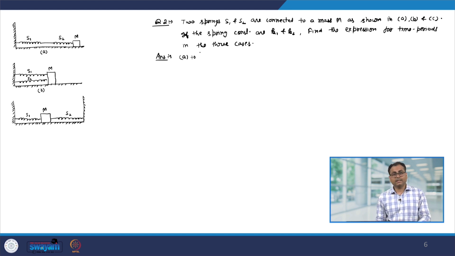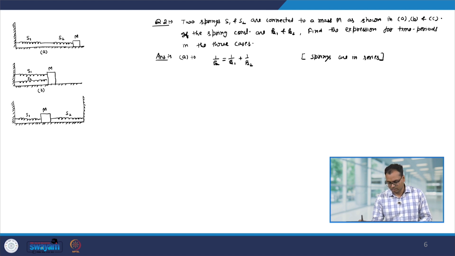In the first case, you can see that the springs are connected in series. So, therefore, the spring constant k will be 1 over k equal to 1 over k1 plus 1 over k2, because the springs are in series. Okay.